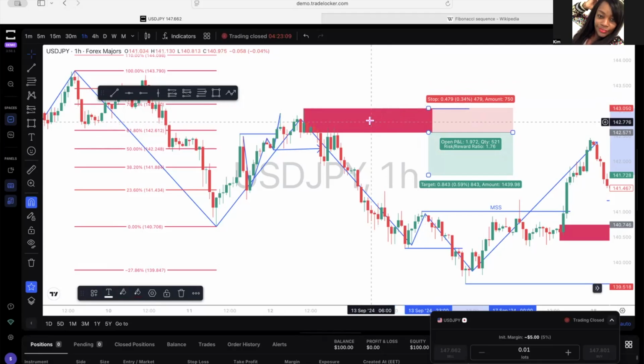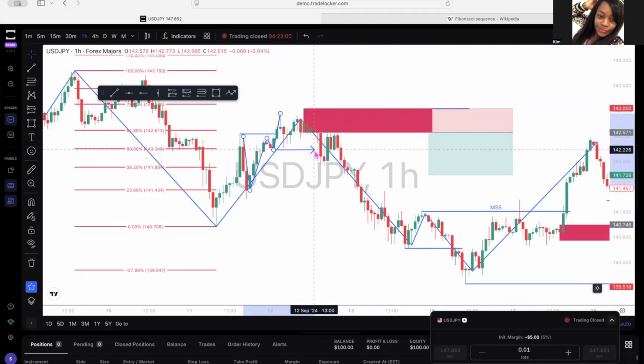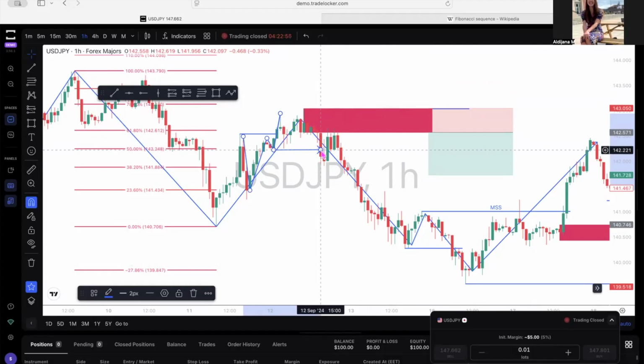And say for instance, this right here, you had your shift in structure here because you're looking for the sell to happen. The shift in structure for the sell happened here.